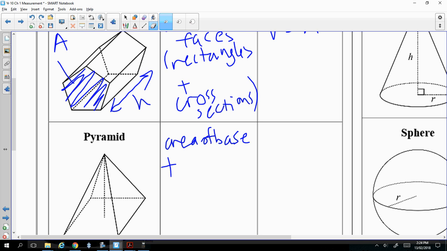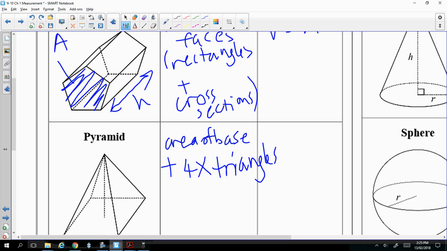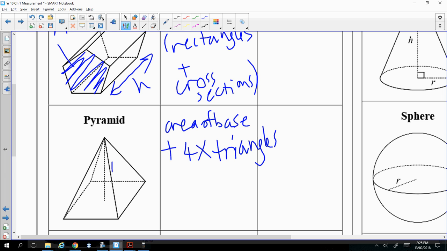Right, that's the surface area. And volume we learned from last lesson, the perpendicular height times the area of the base. So you go 1/3 A times H is the volume. Okay, done.